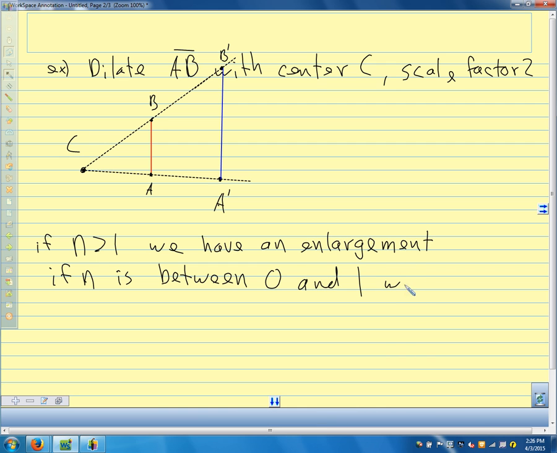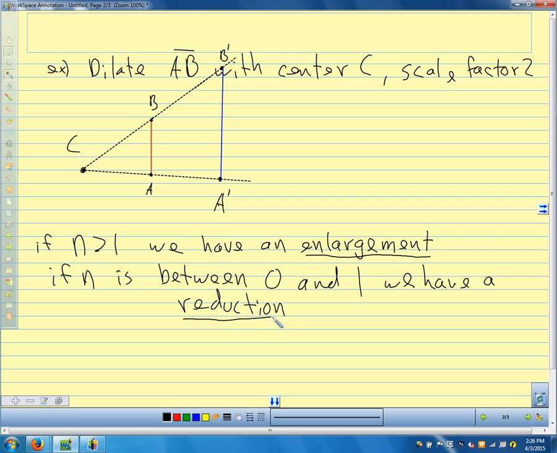We call it a reduction. So that's just how we refer to dilation. It makes something bigger or makes something smaller. So we can dilate something to make it larger, or dilate something to make it smaller.